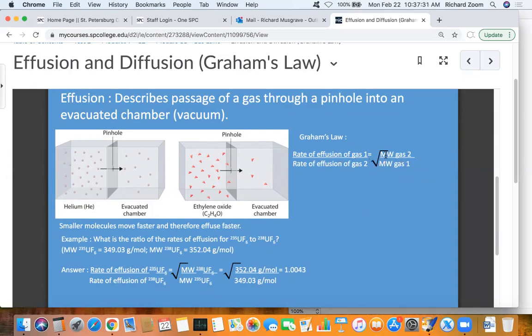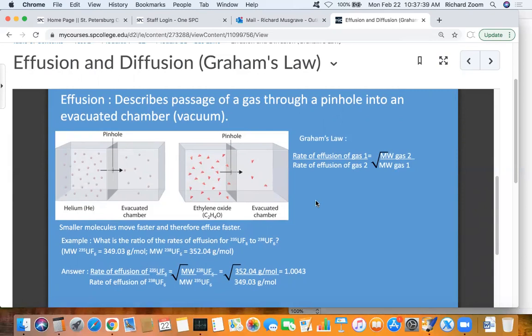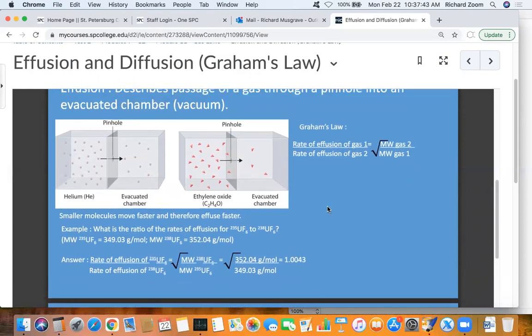So that's why we've got the square root of the molecular weight of gas 2 over the molecular weight of gas 1. This is applied, or used to be applied, to the purification of uranium from uranium-238 to uranium-235. This is UF6, so these are gaseous compounds of uranium. The U-238, because it's heavier, will effuse or move through that pinhole slower.